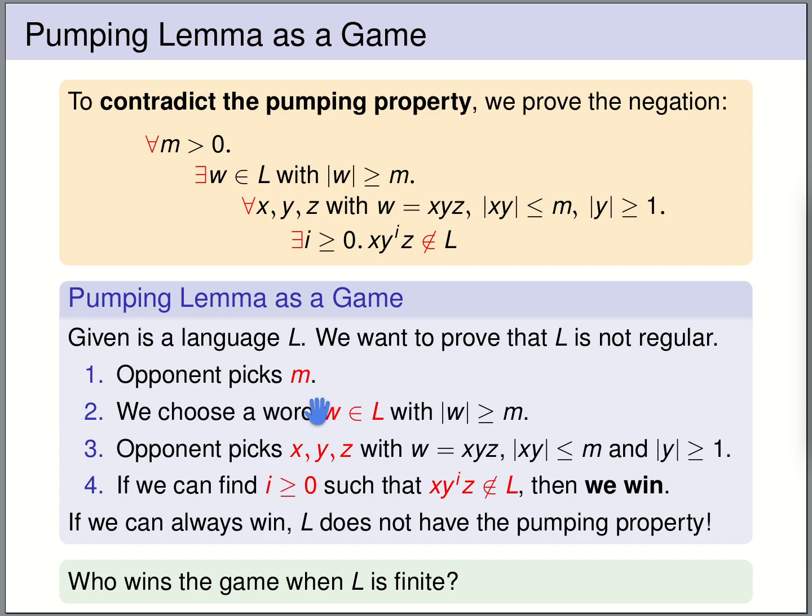We try to choose a word in L that has at least length m, but there is no such word. So if the language is finite, then the opponent will always win. That means we cannot prove that the language is not regular. And that's also good because finite languages are always regular.